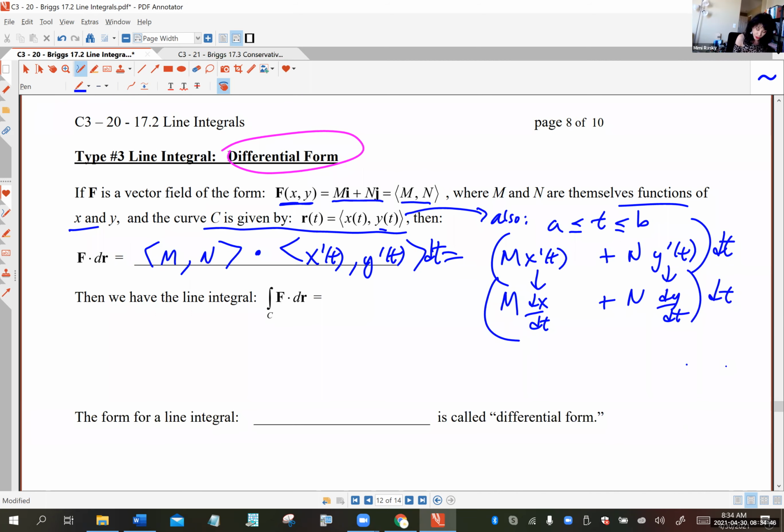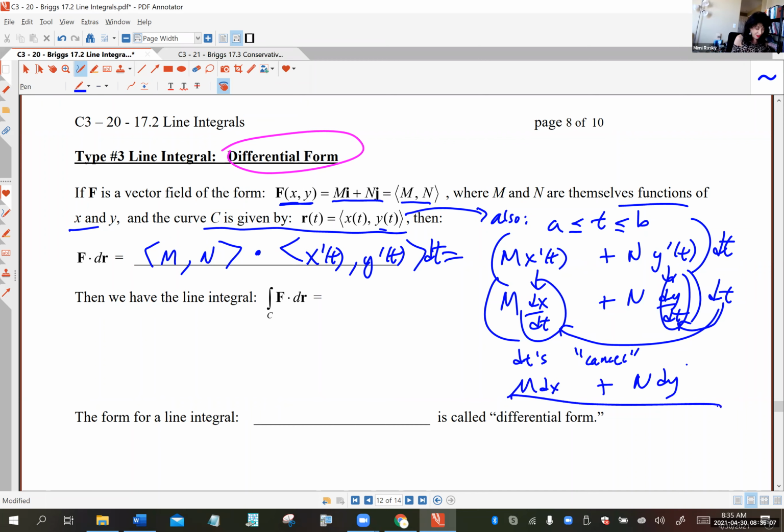Okay, and then if you distribute this dt and pretend these written derivatives are fractions where you can cancel, the dt's cancel, and then what you get is M dx plus N dy. And that's the final thing.